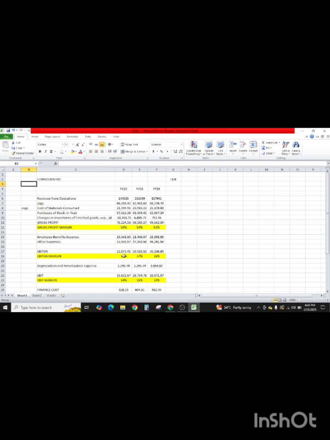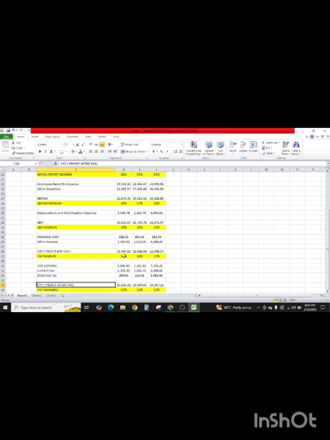But do keep in mind that there can be a difference, because some websites add other income in revenue from operations, but we will generally not add it there. We add it below EBIT. Why? Because it is non-core business income, and we need to find the core business operation only. Therefore we add it below EBIT.